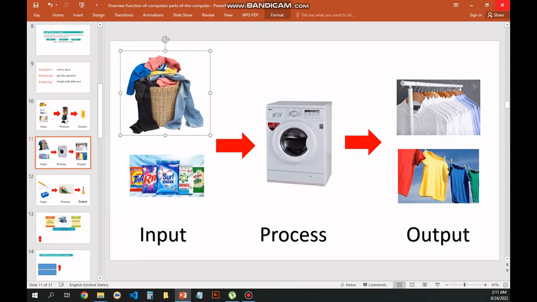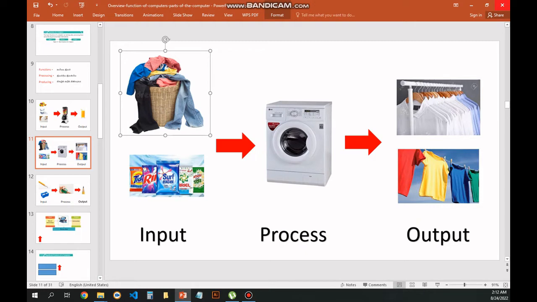In order to make it happen, definitely the dirty clothes should be there, and most of the time people add washing powder. There are some brands here. We just add them there, and you also need to add the water, right? Then everything is ready.